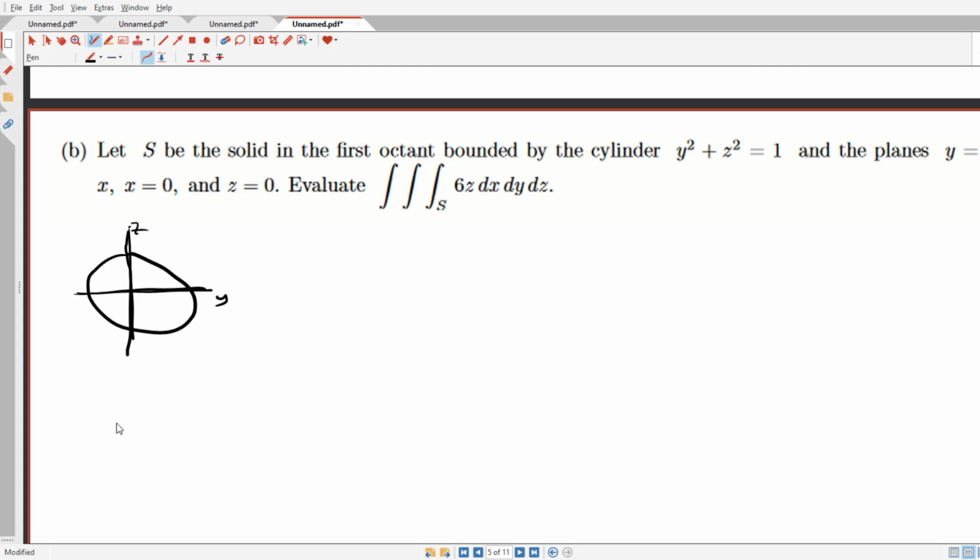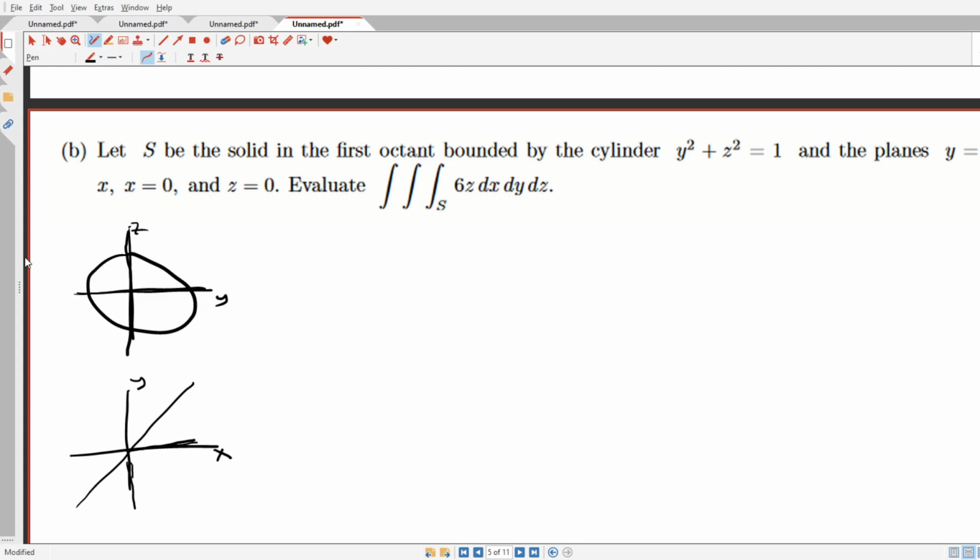I should draw this in the xy plane also. So in the xy plane, what do we have? Y equals x equals 0, and let's see, this is y, and this is x, and what's my other bound?